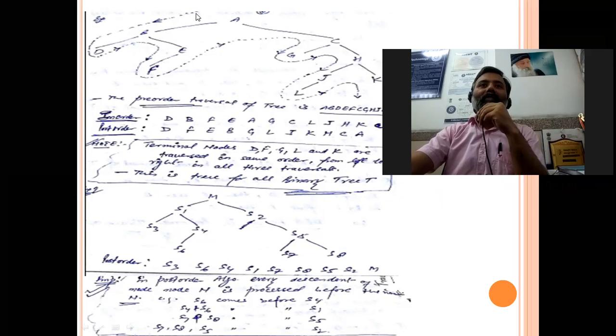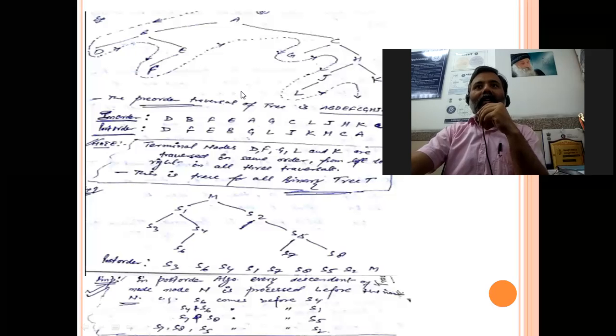So if you just move like this from root, just move from left and then try to traverse like this, like this, like this, and till last right side leaf node. And in the way, whatever node you get, just write down, it will be pre-order traversing.